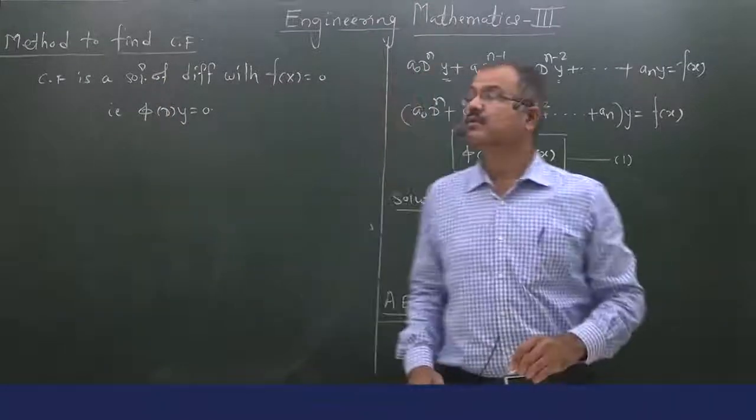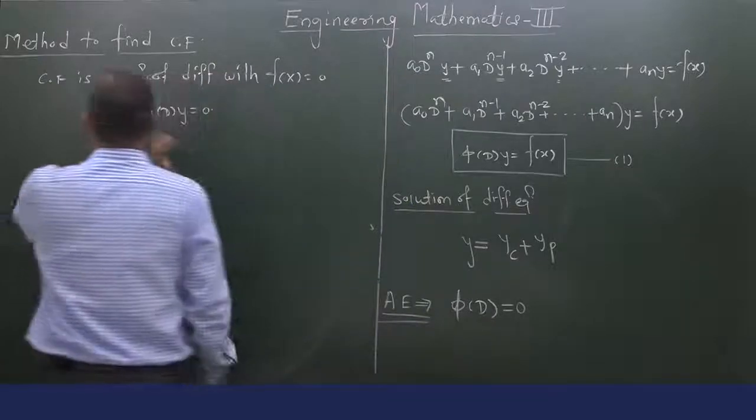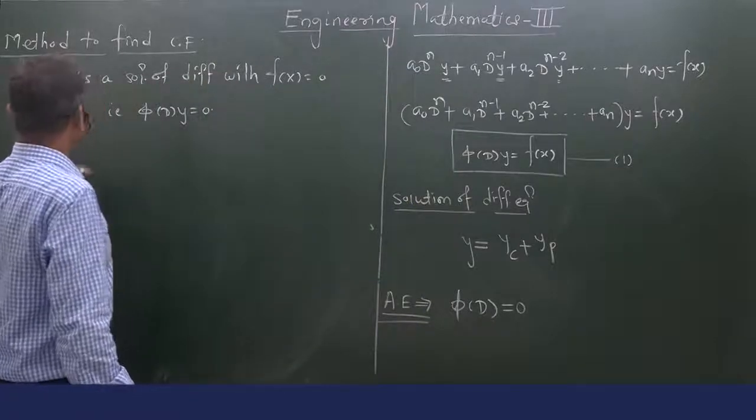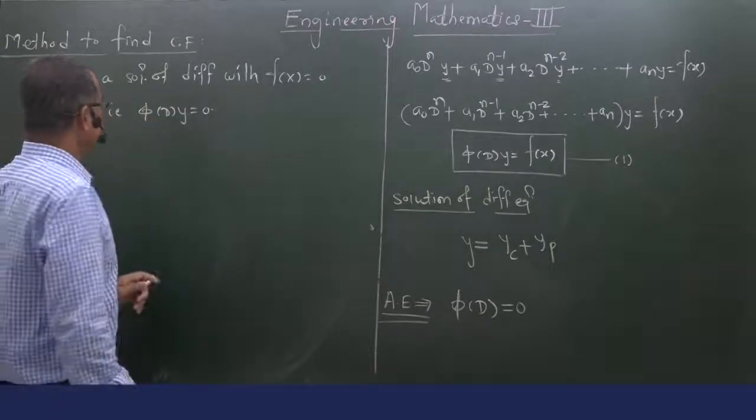Now, how to calculate complementary function or solution of differential equation phi of D y is equal to 0?